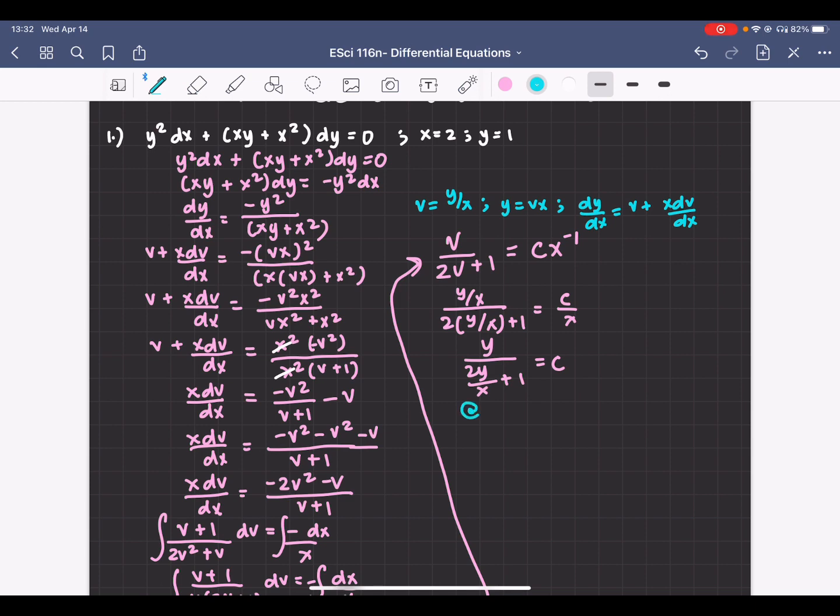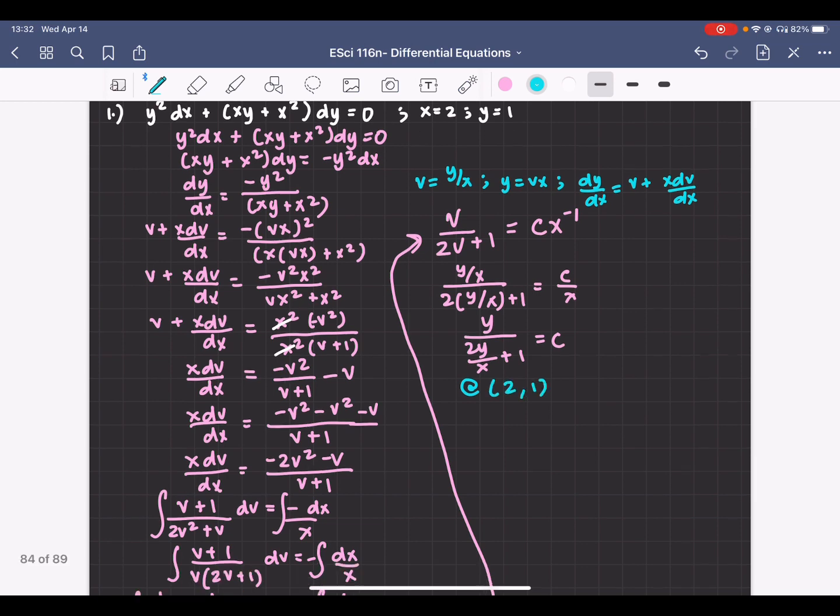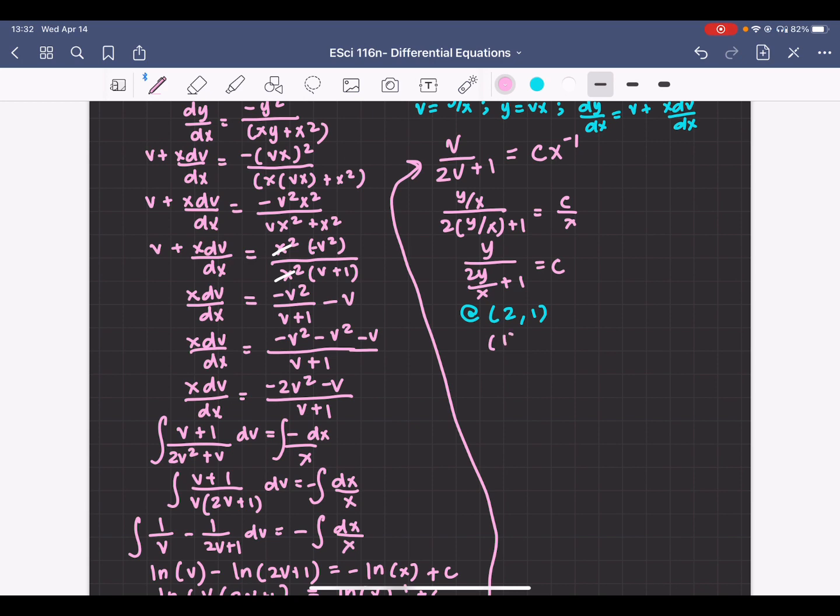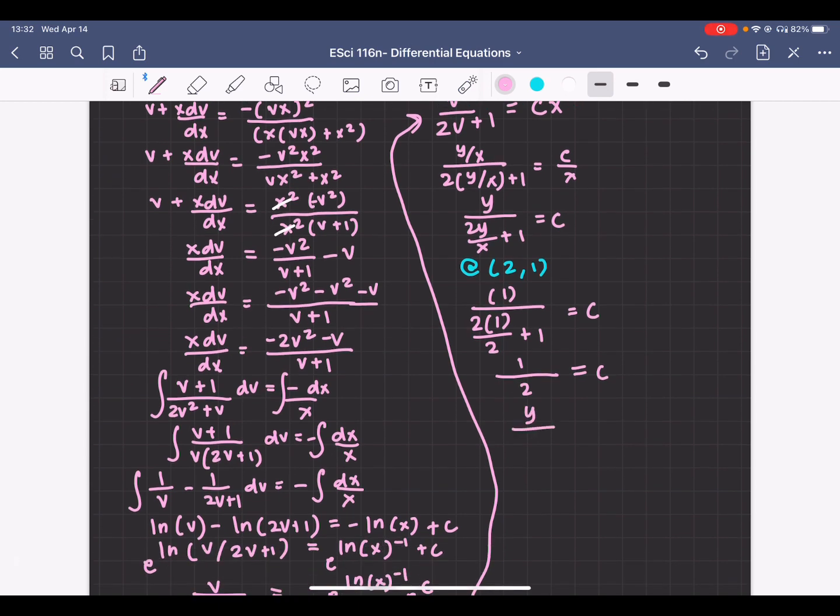So let us input those values to get the value of C. That's 1 over (2 times 1 all over 2 plus 1) is equal to C. Calculating that is equal to 1 over 2, so C equals 1/2. Therefore, y all over (2y over x plus 1) is equal to 1/2.